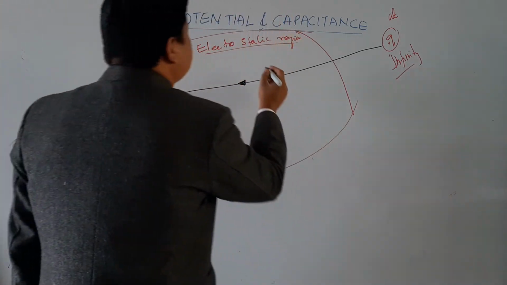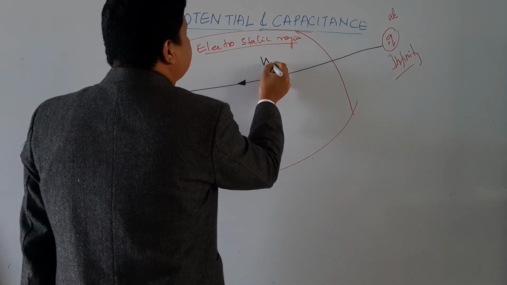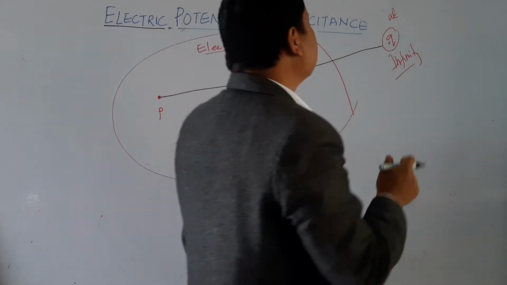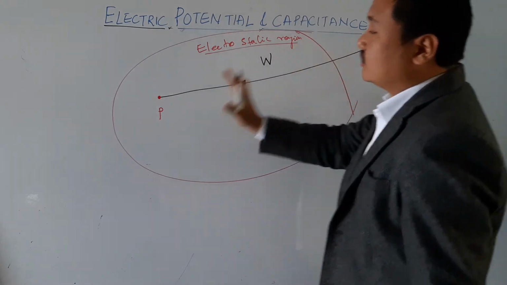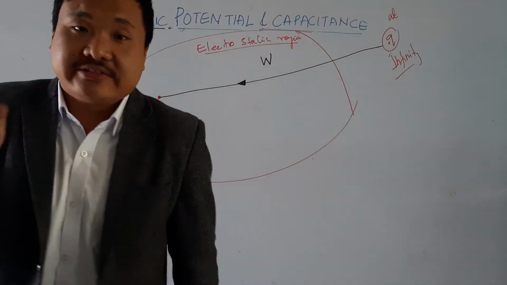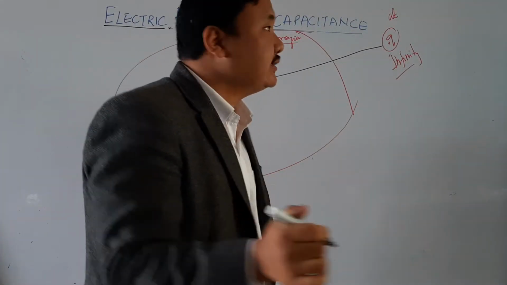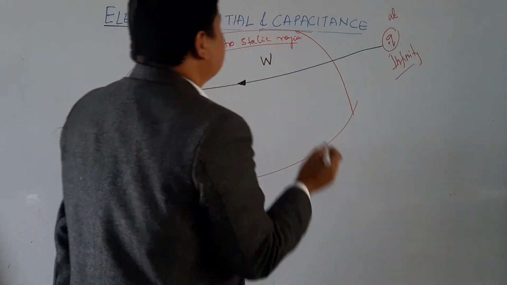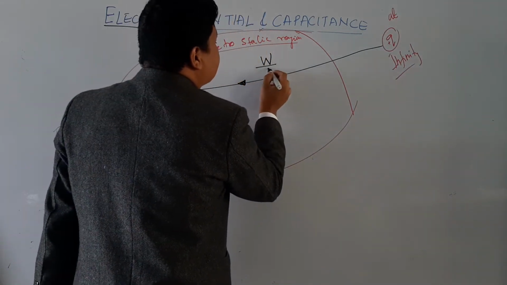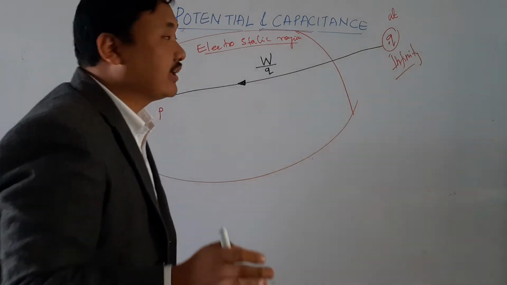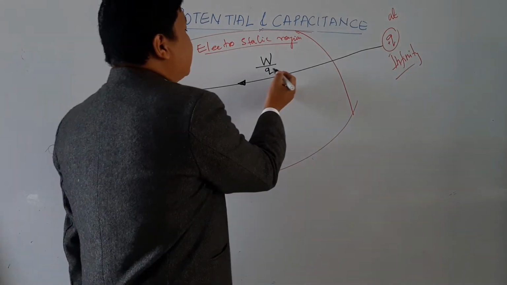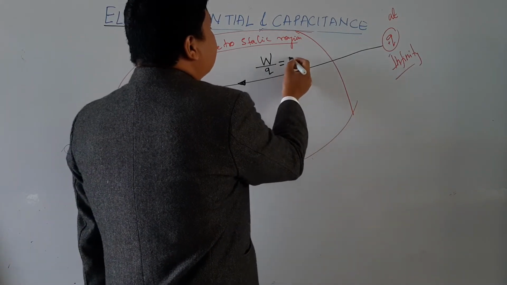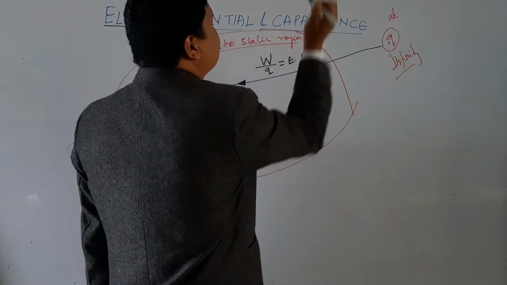So you are doing work in bringing this charge from infinity to this point, and the work done for this charge is equal to electric potential.